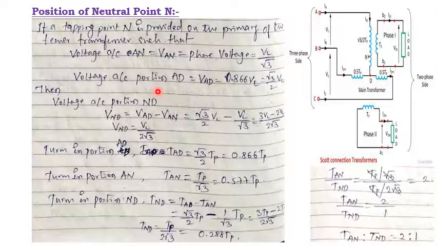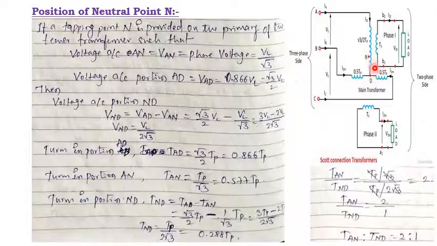Then what is the voltage across the portion AD? The voltage across portion A to D was represented in the earlier slide. That is 0.866 times VL, which equals √3 divided by 2 times VL.